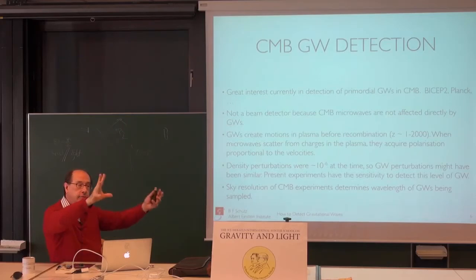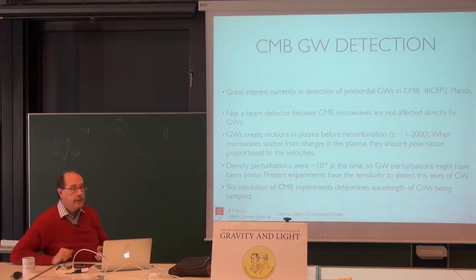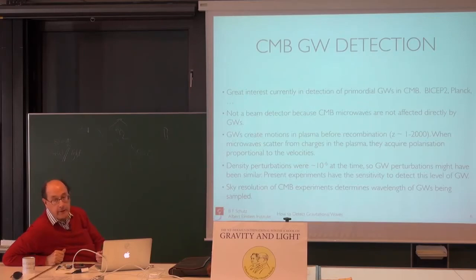So you're seeing the gravitational wave that had the wavelength at the time that fills up that angular region on the sky today. It's maybe 1,000th of the Hubble horizon at that time. That's what the wavelengths of the gravitational waves are that are selected by this method.